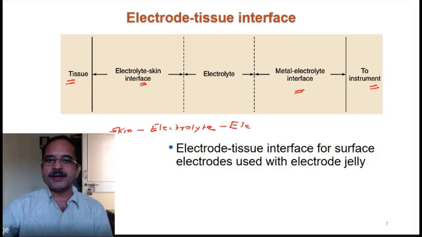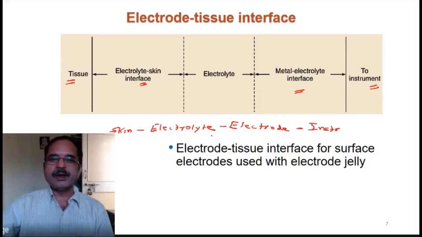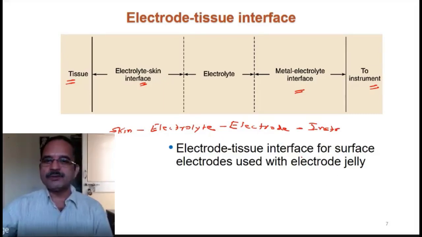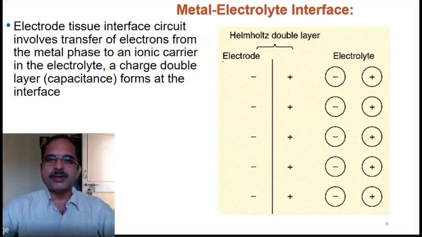Then finally the electrode can be connected to the instrument. This electrolyte is some solution. We use some electrode jelly here. Based on this, we say it works like a junction diode.